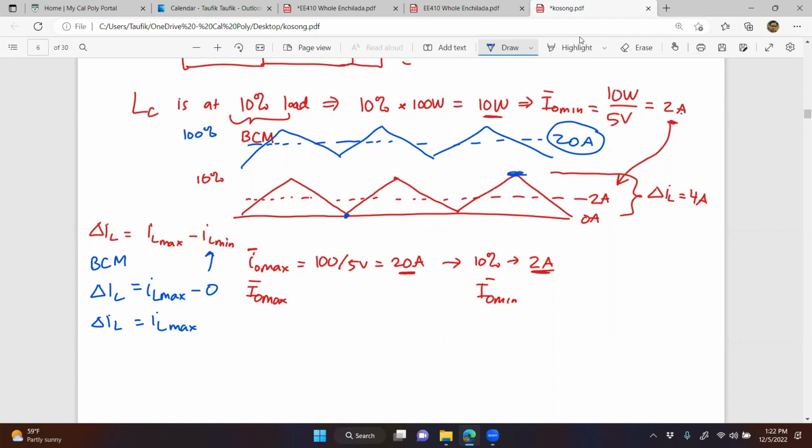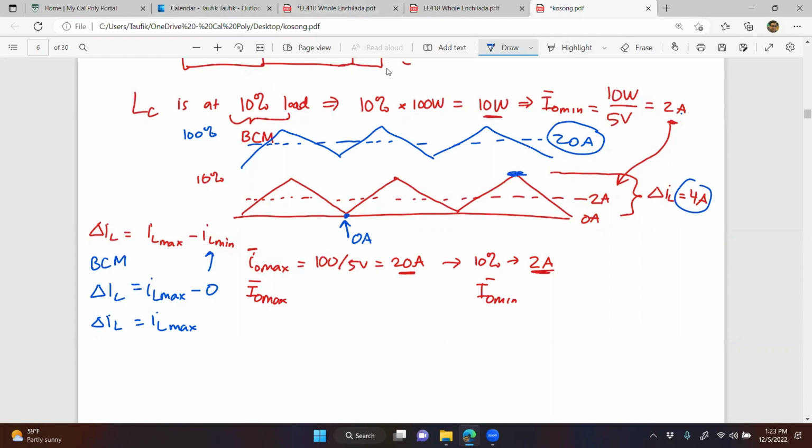That's why finding critical inductance can be achieved by using boundary conduction mode, because that's when IL min is equal to 0 amps.